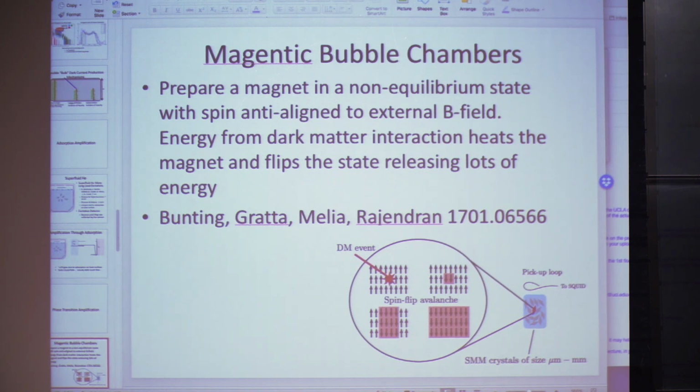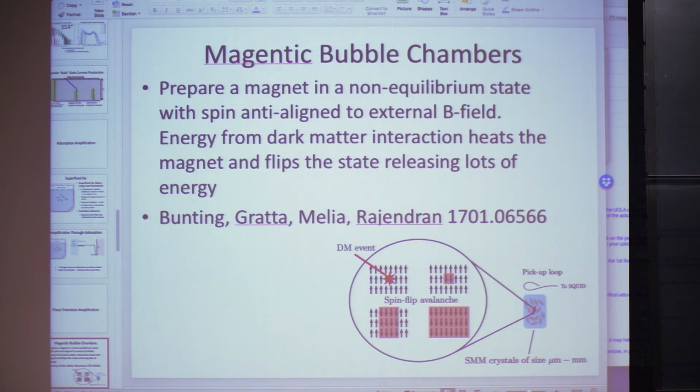And now we're going to put the B field in the opposite direction. As long as the B field isn't too big, it won't be able to spin flip every single one of these. They'll be in a non-equilibrium situation. They'll be stuck upwards, even though the external B field is pointing downwards. From an energetic perspective, one would say thermodynamically, all of those things want to flip downwards.